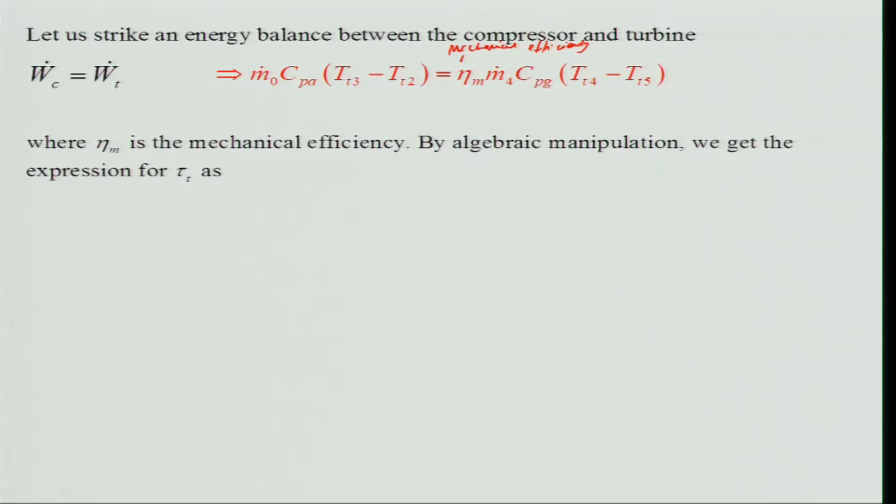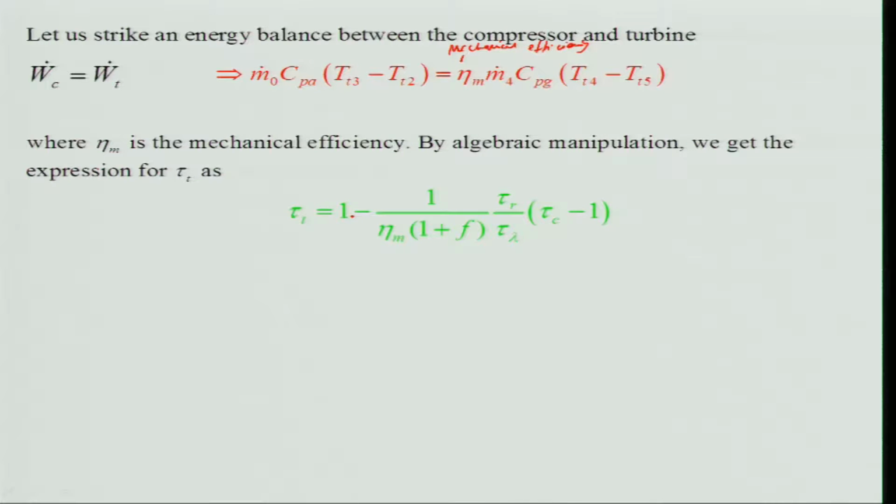So, by algebraic manipulation we can get tau t is equal to 1 minus 1 over eta m times (1 plus f) tau r divided by tau lambda, times the bracket tau c minus 1. This small algebra I am skipping, you can do it yourself. If you look at it, this is the same as that of the ideal cycle.